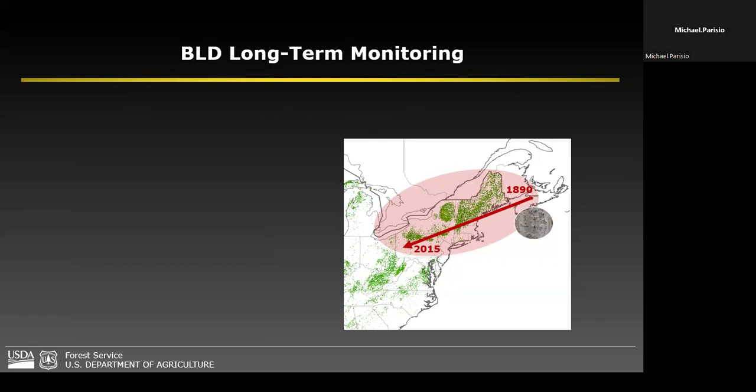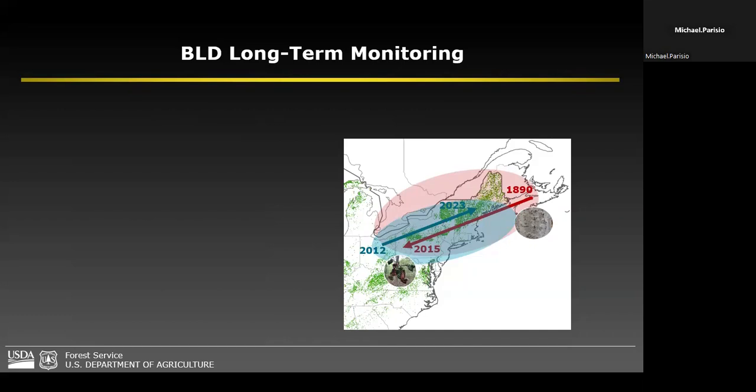It's spread relatively slowly from Nova Scotia, and it's only just reached parts of Ohio in the last decade or so. But if we try to generalize the advancing front of beech leaf disease, they're kind of moving in opposite directions, but within the last 3 years or so, we've really reached this intersection or this coalescence of the two diseases. And so I'm really interested in using some of this monitoring plot data to try to tease out, I have a minute?